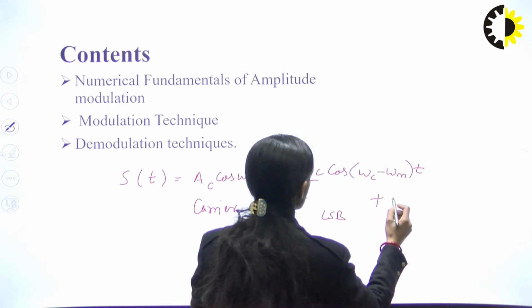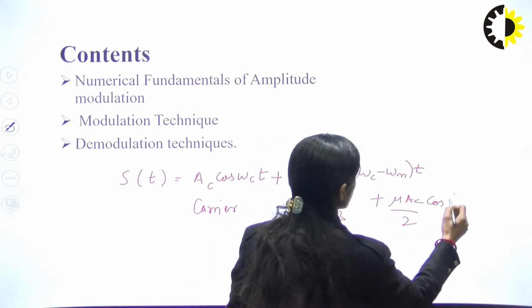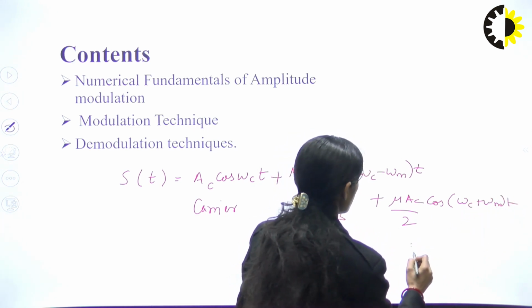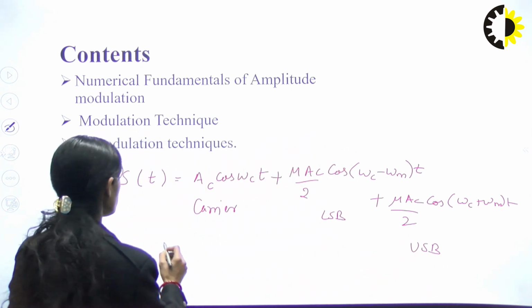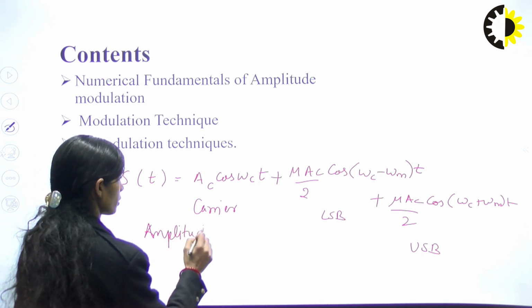Plus another component, mu Ac divided by 2 cos of (omega c plus omega m) t. This is the upper sideband component. So, these are the three components which we had studied in the amplitude modulated wave equation.